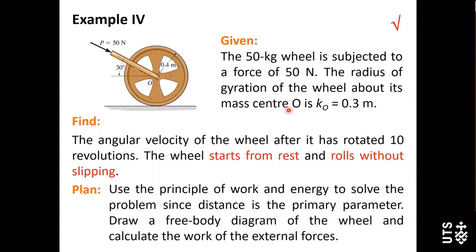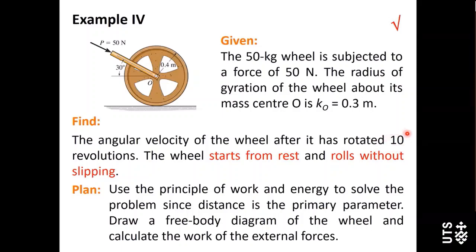Okay, so you can see this problem involves external force, velocity, angular velocity, and displacement, angular displacement.